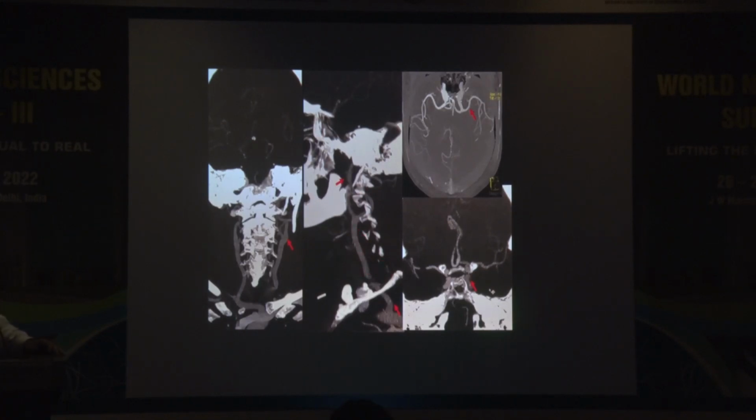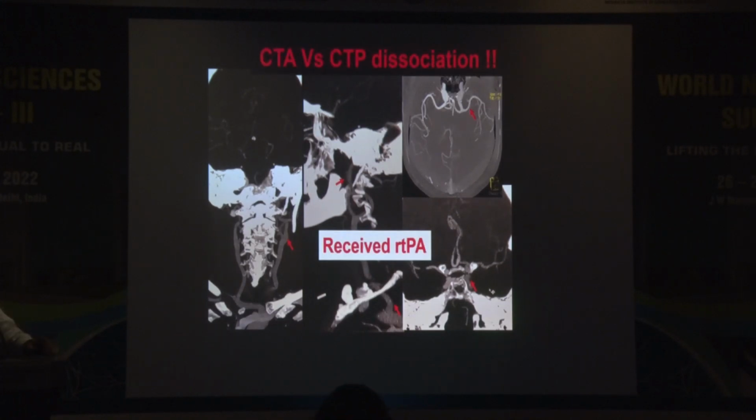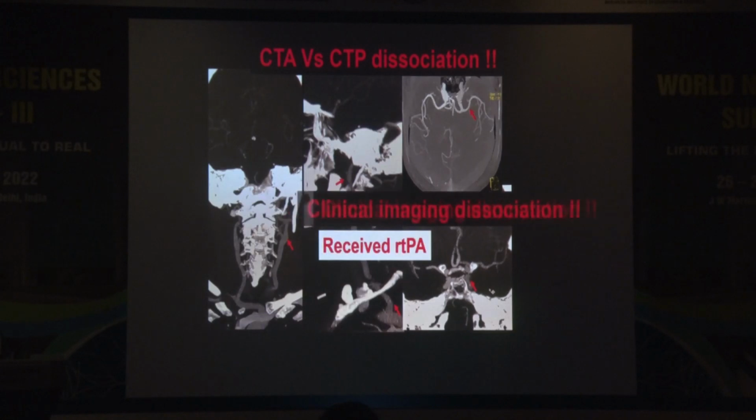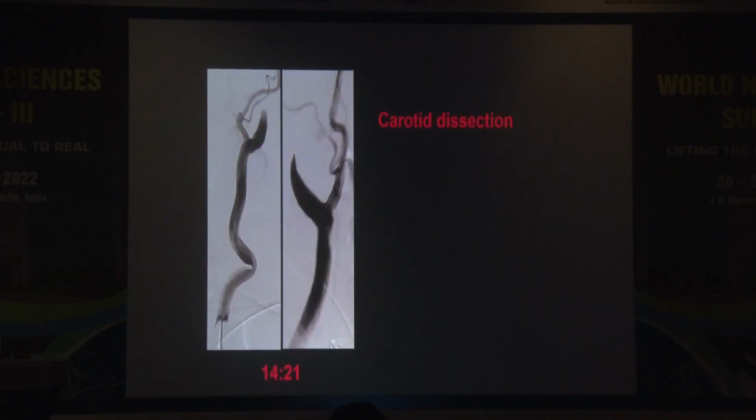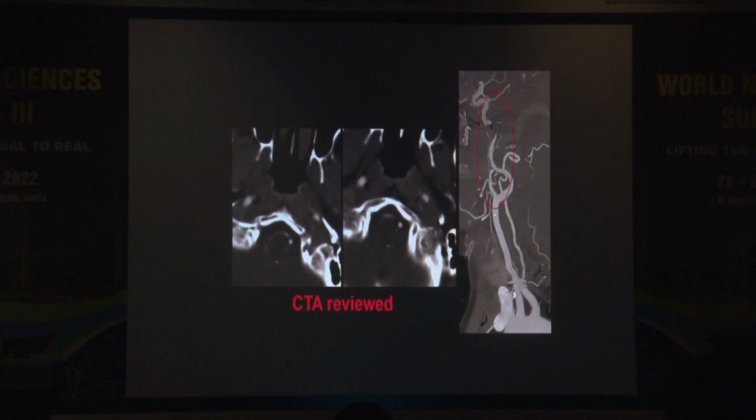So what's happening here? The patient got tPA, there was a dissociation. We took this patient and found that the patient has occlusion of the ICA, probably due to dissection, and we were not able to see it because probably the dissection started at the bony canal, and on the CT angiography we didn't see it properly and missed the dissection at the bony canal.